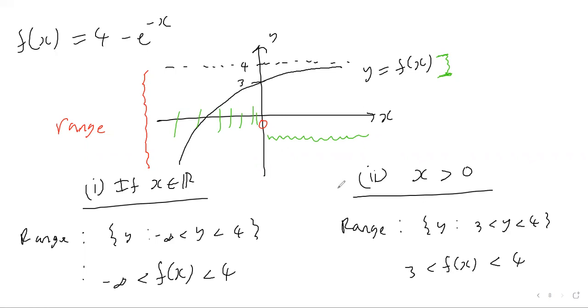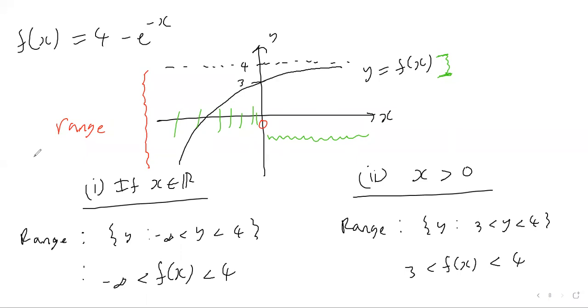So this is just a case of analyzing what ranges we would get for different domains. The key point is that the range is your set of outputs and the domain is your set of inputs which you specify.